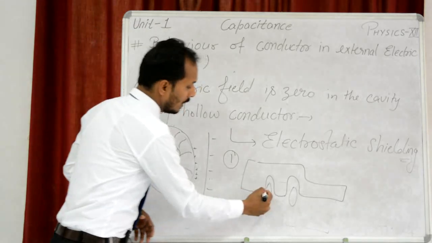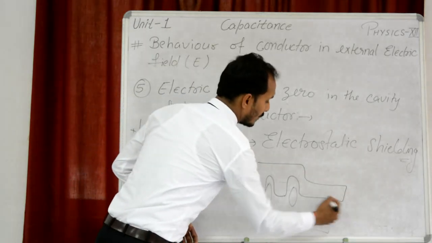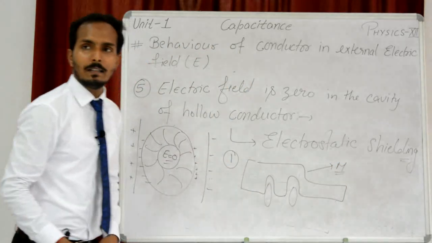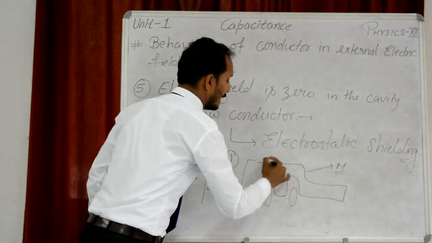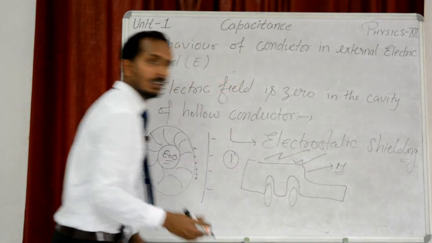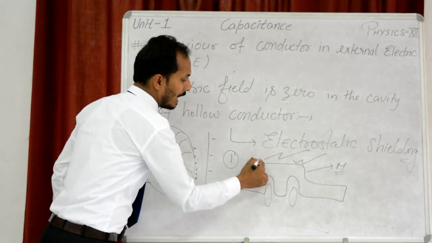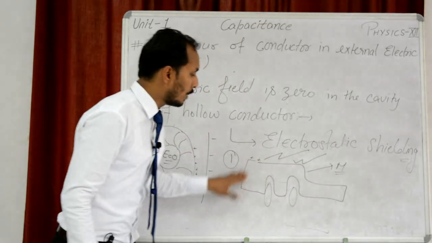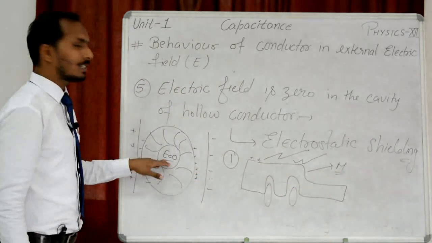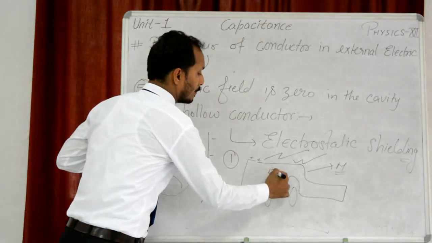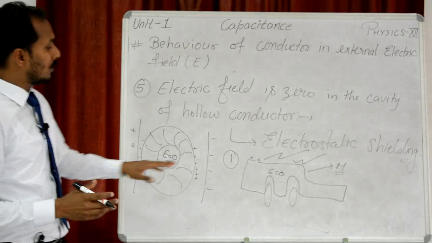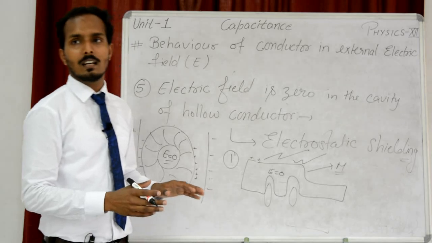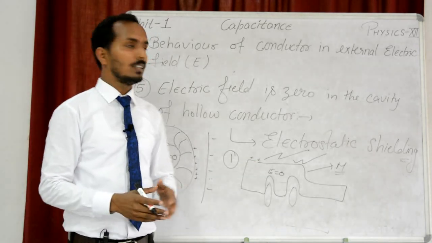Because the body of the car is made of metal, and when lightning occurs and a charge suddenly falls on the car, the hollow space inside the metallic body behaves such that the net electric field inside is 0. So no injury will happen inside the car. This is the first application of electrostatic shielding.